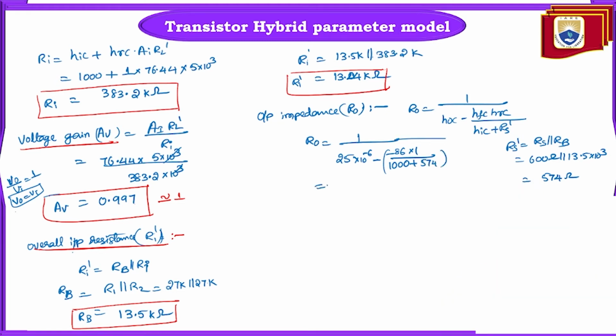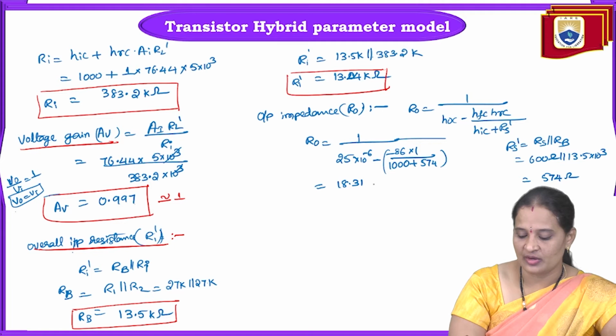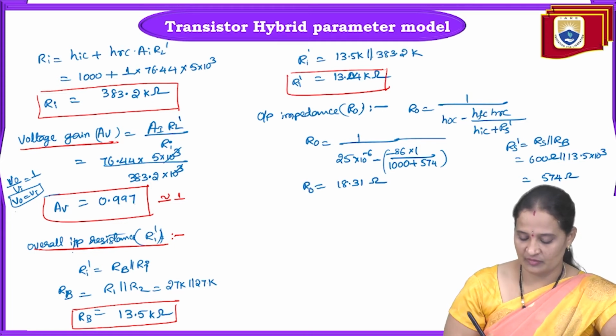If you calculate this, the output resistance will be very less. So the R naught value is 18.31 ohms.